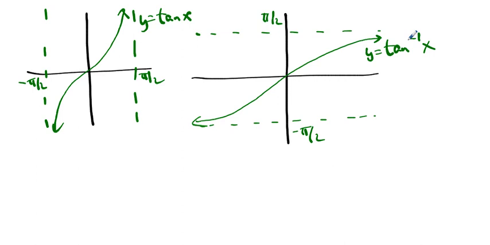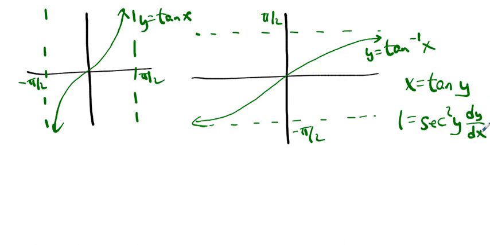We can find the derivative of the inverse tan function by recognizing that if y is the inverse tan of x, then x is the tangent of y. And if x is the tangent of y, then 1 is secant squared y dy dx, which means that dy dx is 1 over whatever secant squared of y is. And here I'll use a different sort of trigonometry that we seem to remember from high school.